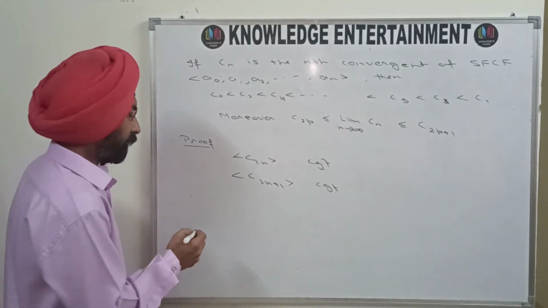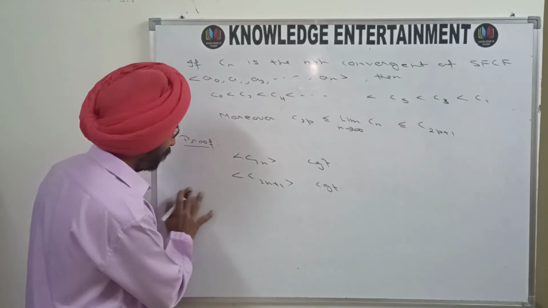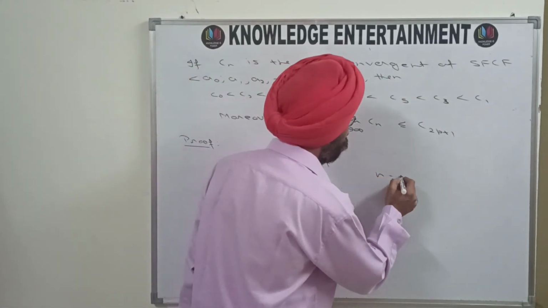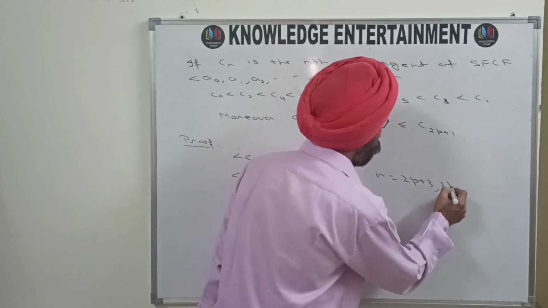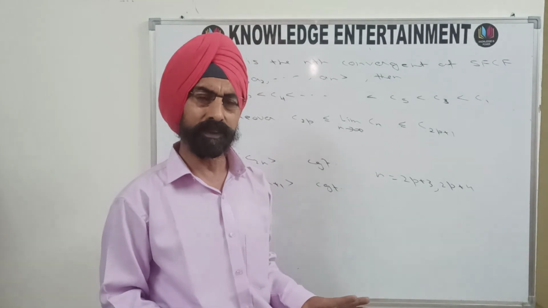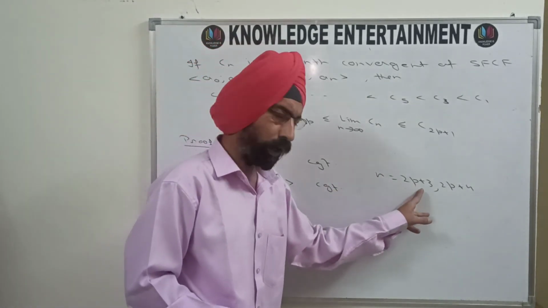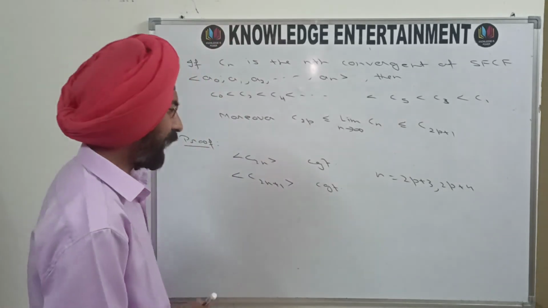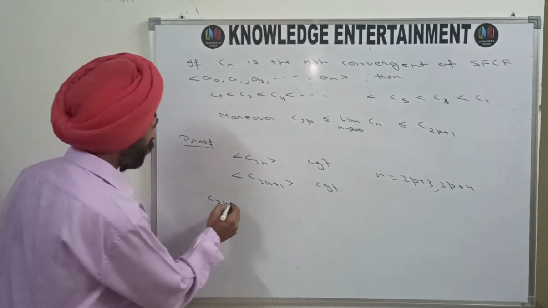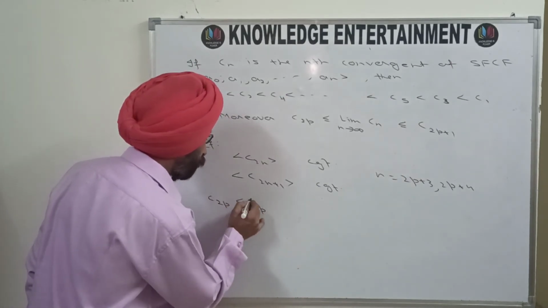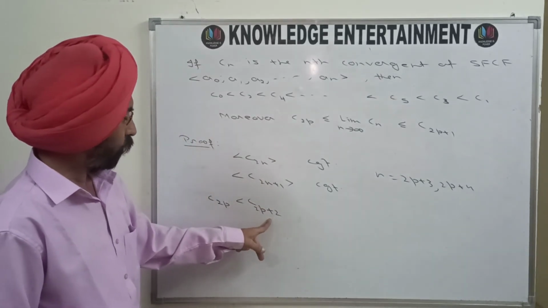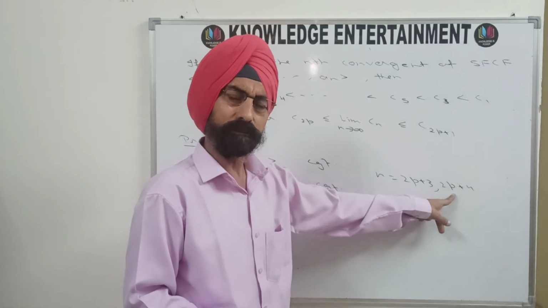Now, take any n. Then this n is either of the form 2p plus 3 or 2p plus 4. That means n is either odd or even. So what will happen? Your C2p is less than C2p plus 2, and C2p plus 2 will be less than C2p plus 4.